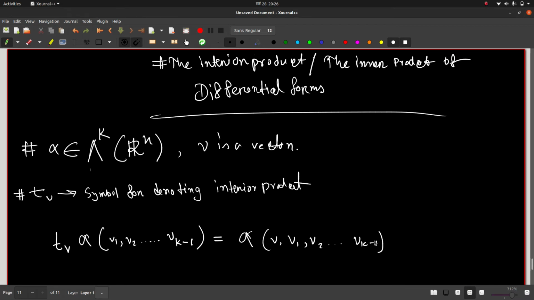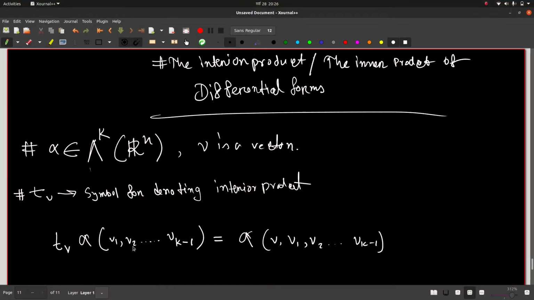Okay, and this v1, v2, up to v(k minus 1), they are just k minus 1 vectors. And what this interior product does is that this i_v alpha, which acts on these vectors, it just puts the vector v into alpha's first slot. Okay, so what does that mean?